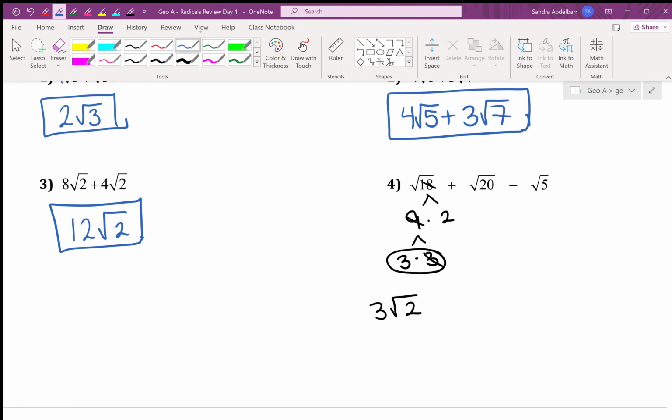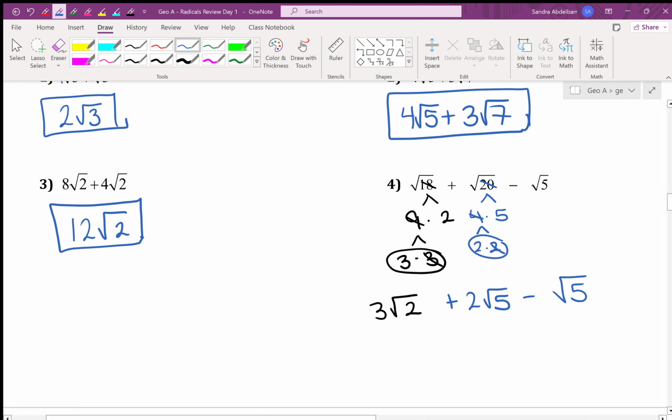Where are you guys thinking for the root of 20? Where are you starting breaking that off at? 4 and 5 is a great option. And then 4 is 2 and 2. So we get 2 root 5. Can I simplify just root 5? No. Out of all 3 of these, which are the only 2 that I can combine? Olivia.